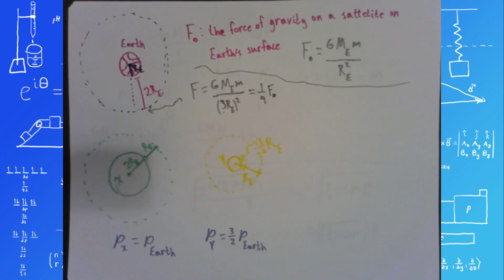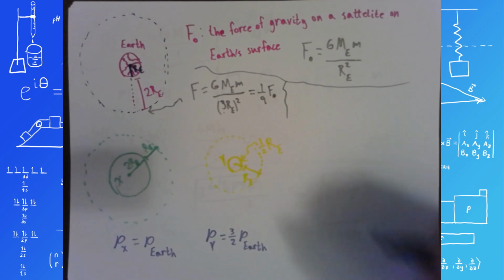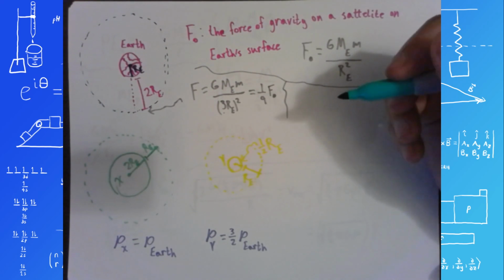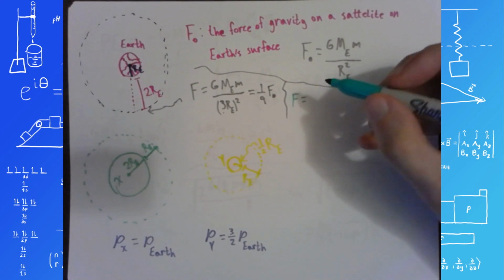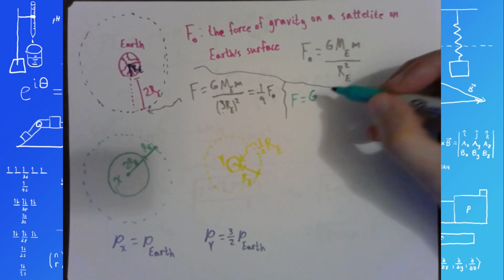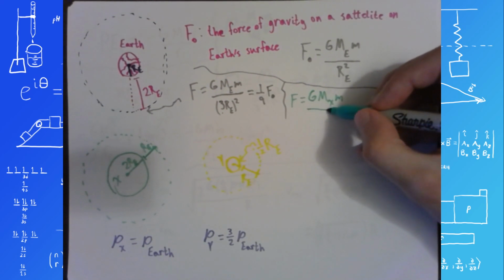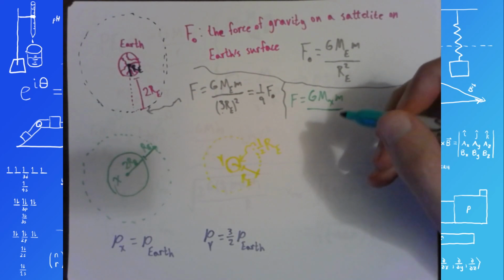That wasn't too bad. Now let's take a look at planet X. First, let's look at the surface of planet X. So on the surface of planet X, and I'll switch colors, I guess I'll do green since I drew planet X in green, force is going to be big G times the mass of planet X times the mass of the satellite over the radius of planet X squared.